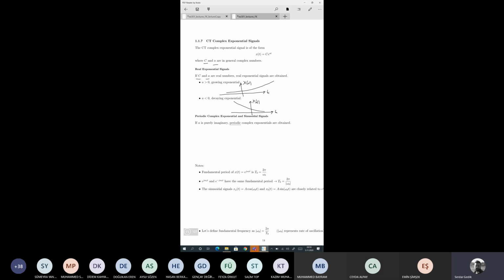Well, what about periodic complex exponential and sinusoidal signals? If a is purely imaginary, let's define a equal to j omega 0.